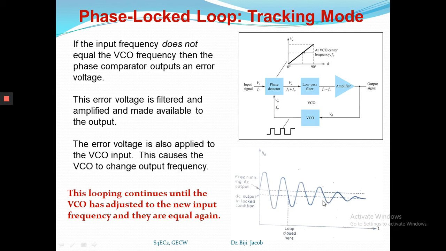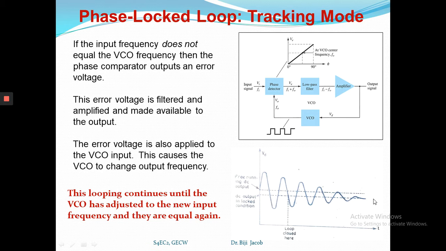So, if the input frequency is near the VCO frequency, the VCO will try to catch up with the input frequency. The difference between input and VCO frequency goes higher and lower on either side, so the error voltage will be a damped oscillation type.